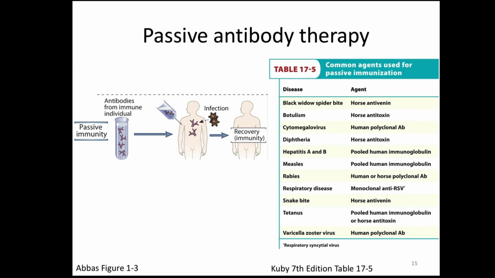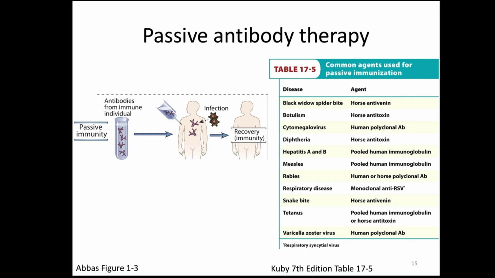One of the things that we can do if we want to treat individuals who have various infections, also true if individuals have some other types of conditions, is take antibodies from another individual who has already made those antibodies. So, they've already done class switch.